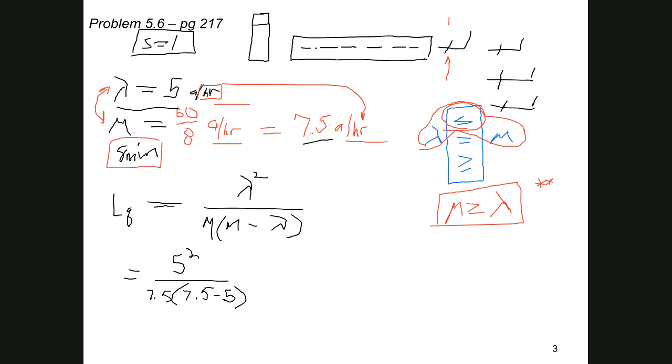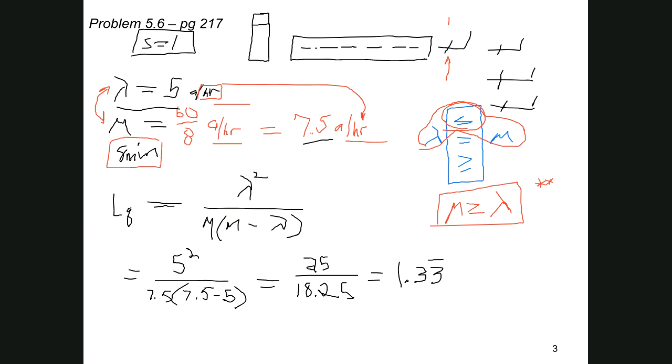And of course, we're going to do our arithmetic. The numerator is 25. The denominator, once you do all of the calculations, is going to be 18.75. And L sub Q, when you do the division, is 1.33 repeating.